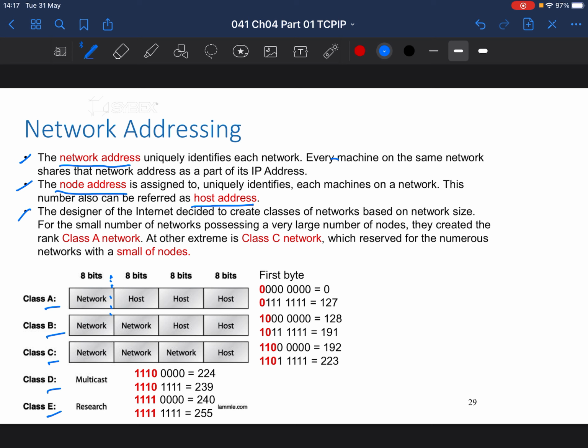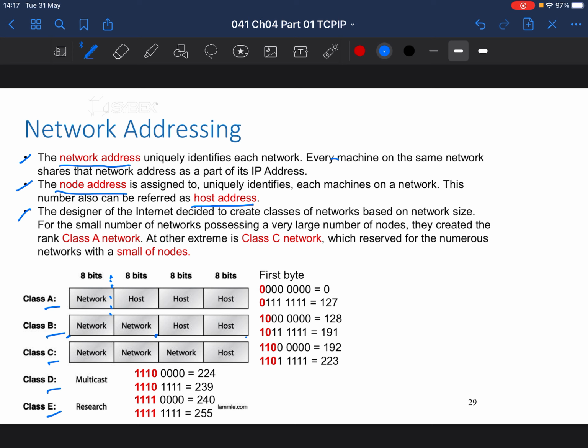For class B, there are 2 octets, or 2 bytes, for the network and another 2 bytes for the host, similar to the example we discussed before.